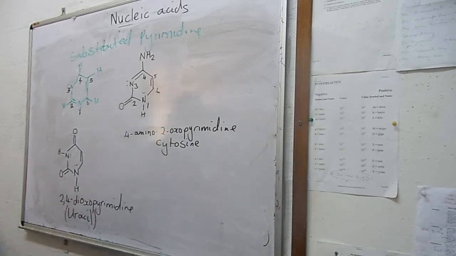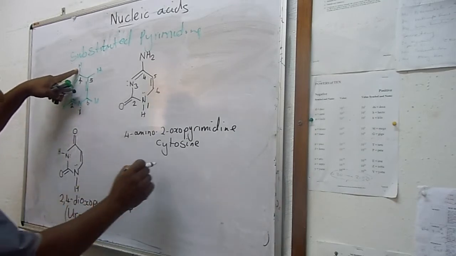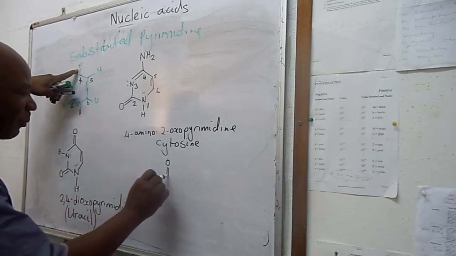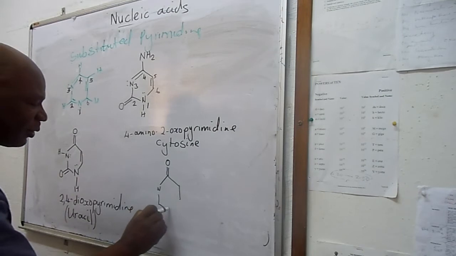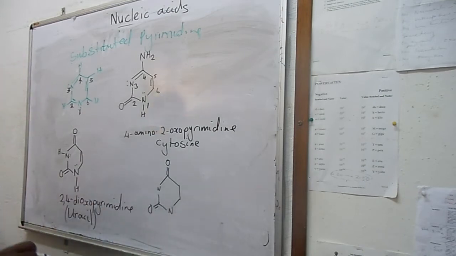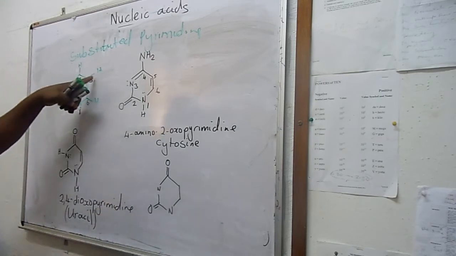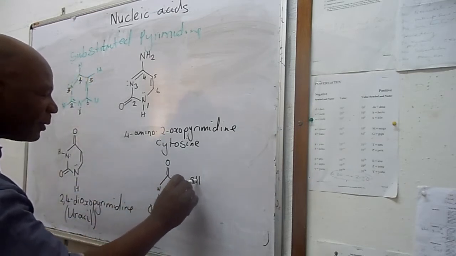Then the third one, again going back here at position number 4, we substitute with an oxo group, the same way we did with the second one. Then at position number 2, we also substitute with an oxo group. And then hydrogen at position number 5 is replaced with the methyl group.